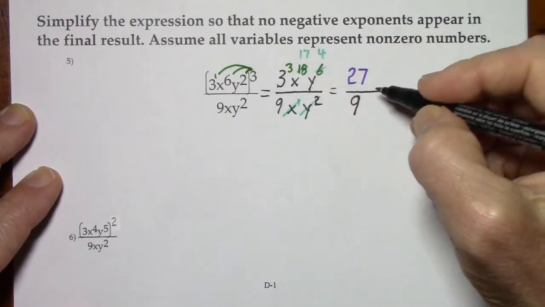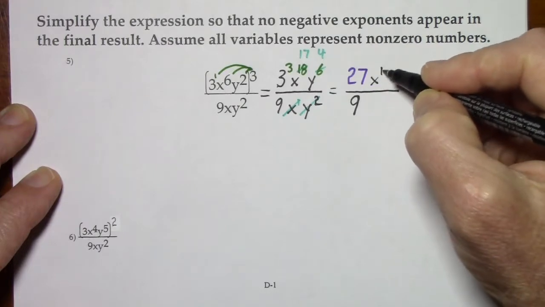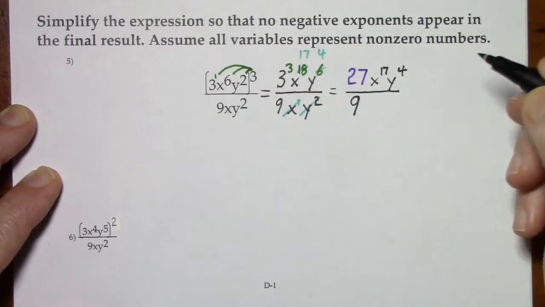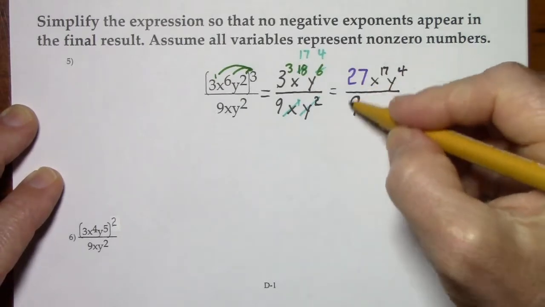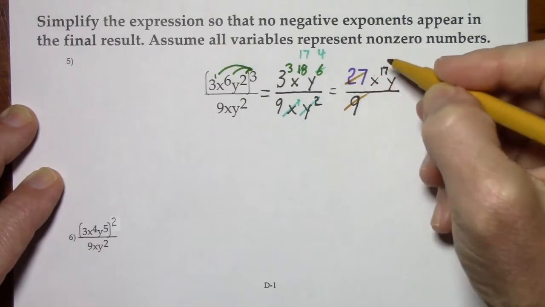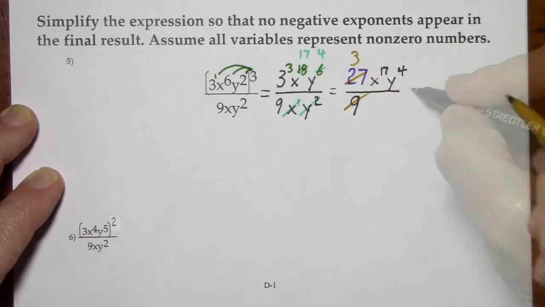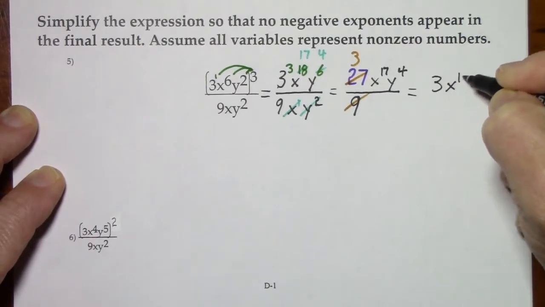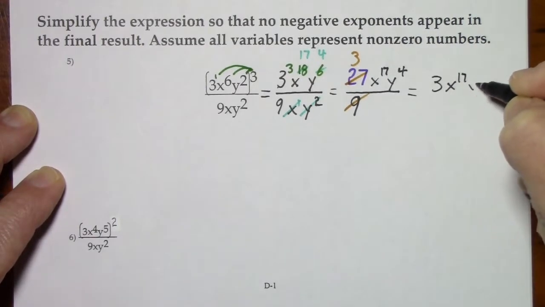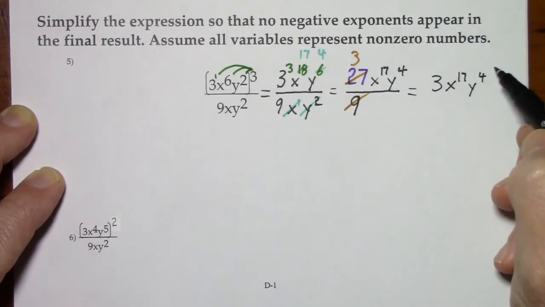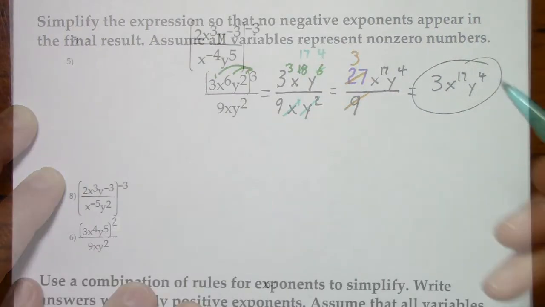So we have x to the 17, y to the 4, and we have to simplify this. Divide by 9 leaves you with 1. Divide by 9 leaves you with 3. So we end up with 3x to the 17th, y to the 4th. This is over a 1, but we don't have to write that.